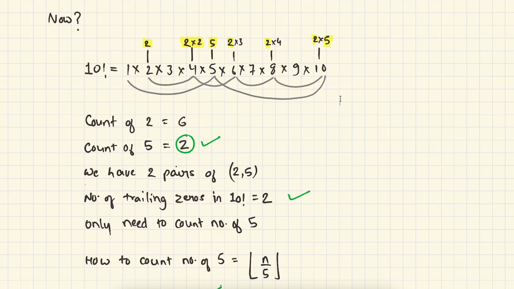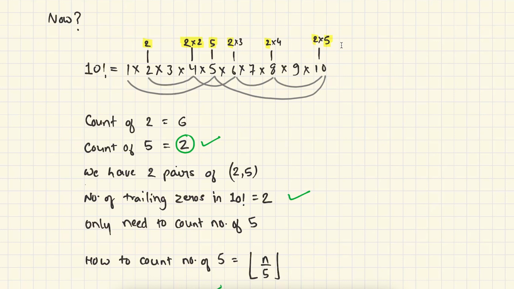Now our task is to find the number of pairs of 2 and 5. How can we find this? Let's see. If you observe this factorial of 10, every second term is contributing 2. Here 2, 4, 6, 8 and 10 are all contributing 2. 2 is contributing 2, 4 is contributing 2 two times, 6 is contributing 2 one time, 8 is contributing 2 one time, and 10 is also contributing 2 one time.